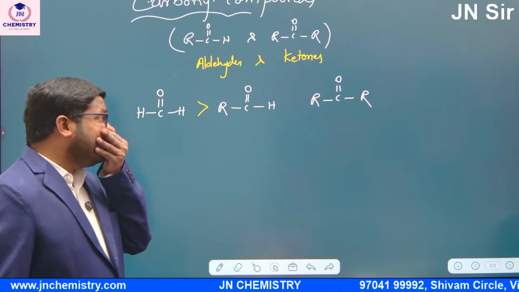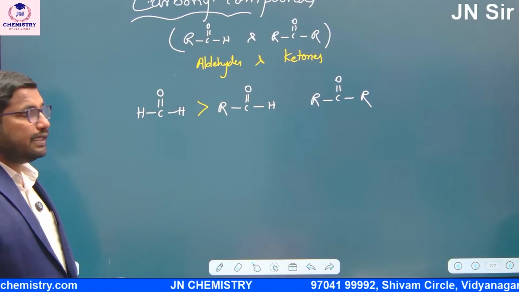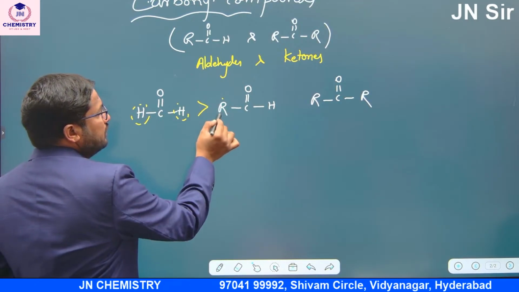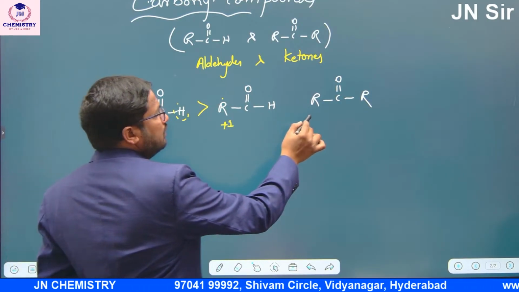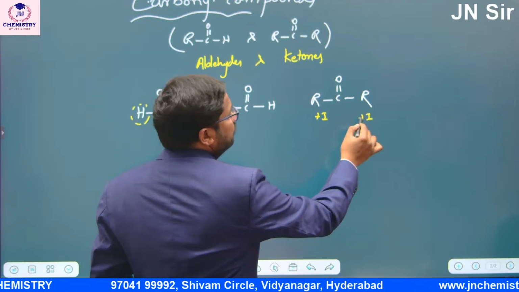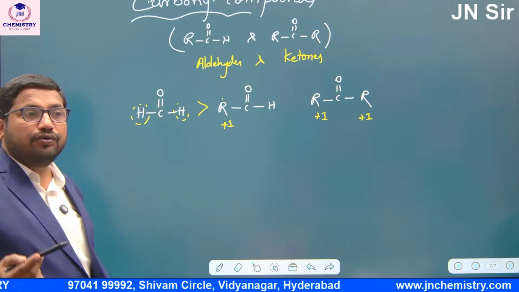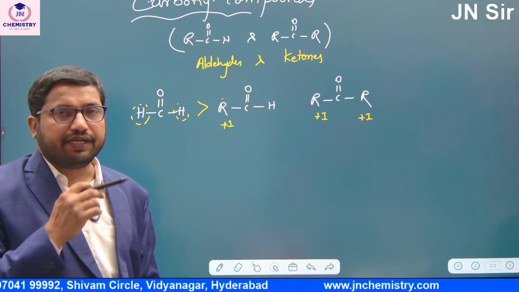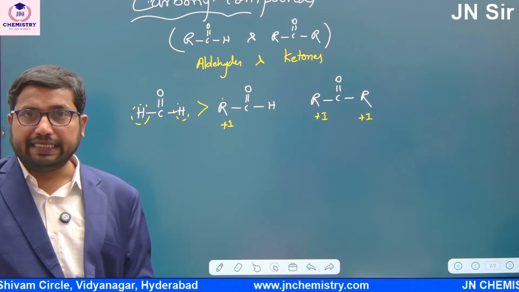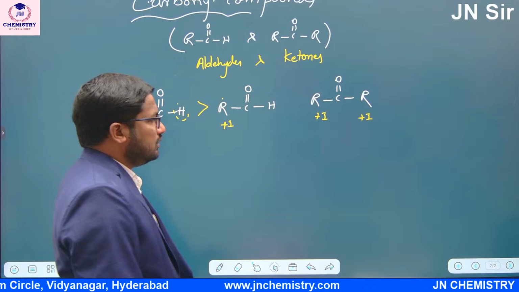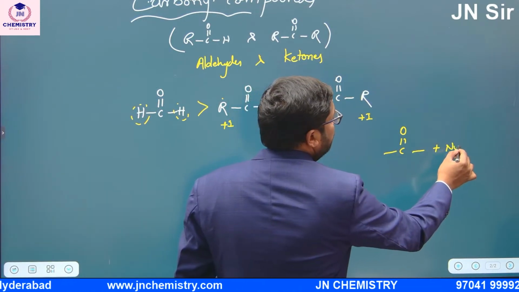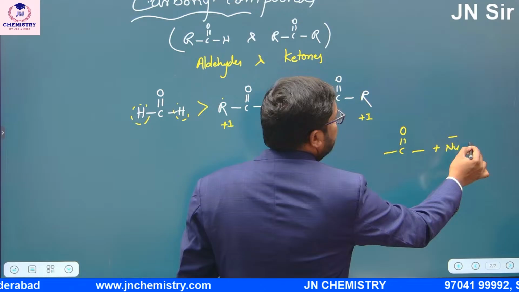Here we didn't have any plus I groups, right? This is one plus I group. This is two plus I groups. Before answering this question, we need to know aldehydes and ketones undergo nucleophilic addition reaction. First, the nucleophile comes and attacks over here.